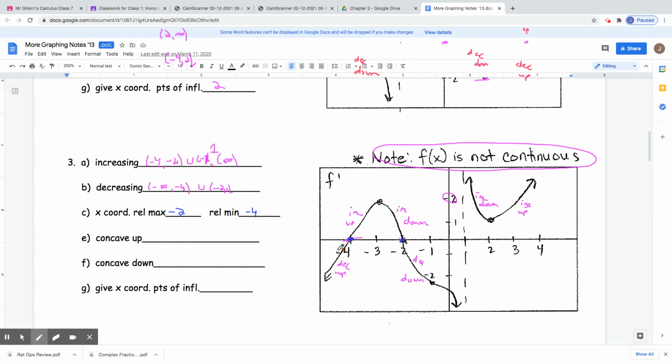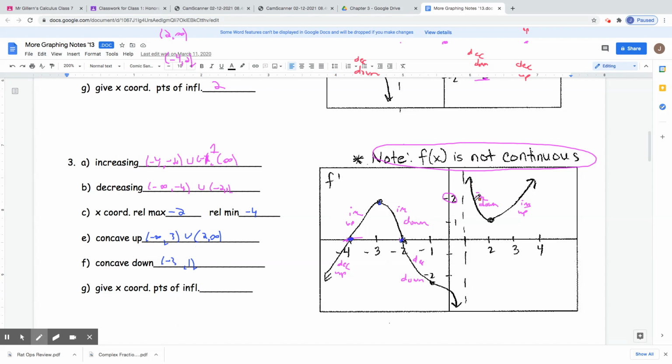Concave up, let's see, -infinity, and it changes here, which is 3. These are all concave down, and then from, what is that, 2 to infinity. Where is it concave down? It's concave down from -3 to 1.